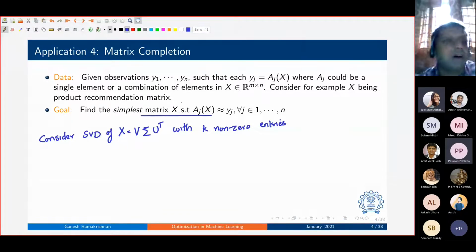Actually, let me make it R, not K, because I might be interested in K less than R. So R is the rank.